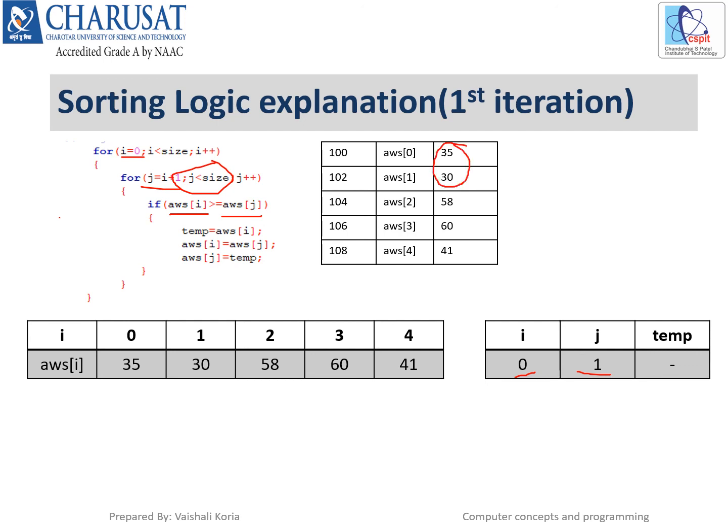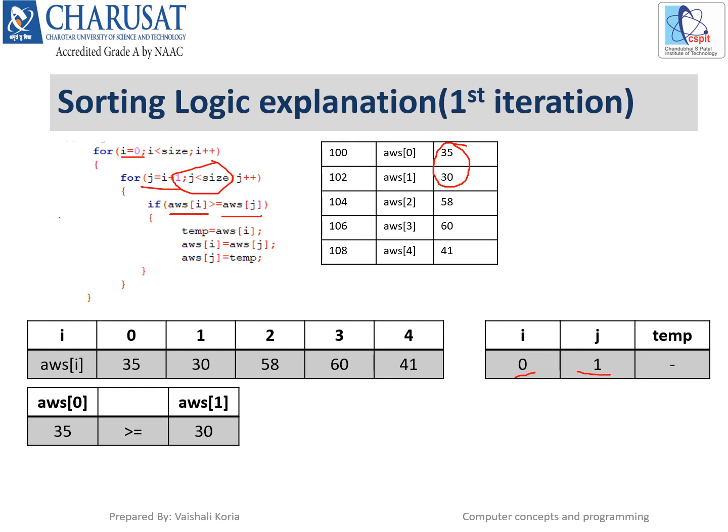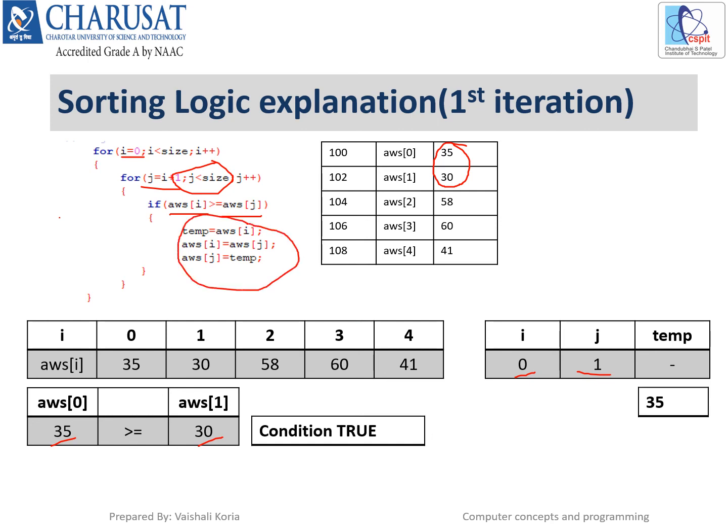The condition is true here because 35 is greater than 30, so we have to apply the swapping. The swapping logic would get applied, temp would be 35, and after the swapping these will be the array elements. So this is the first iteration of the inner for loop.